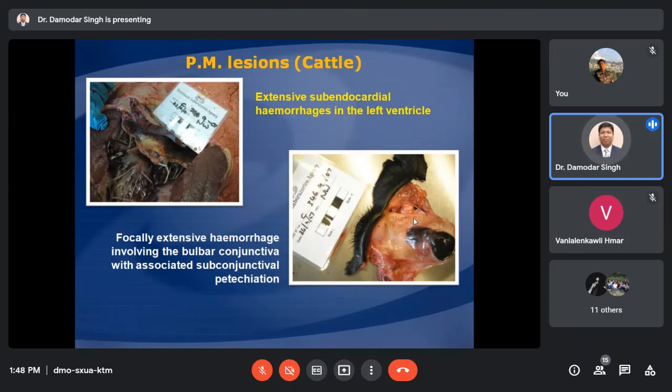Hemorrhagic lesions may also be found on the left ventricular portion, and sometimes the bulbar conjunctiva may also show some pinpoint hemorrhagic lesions.